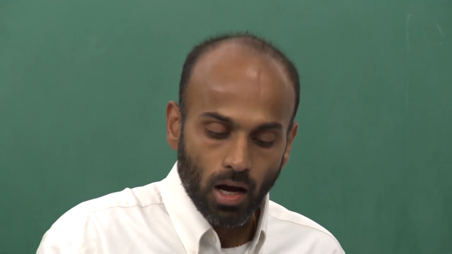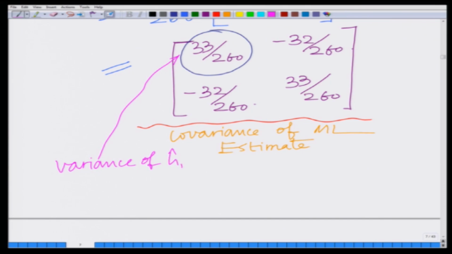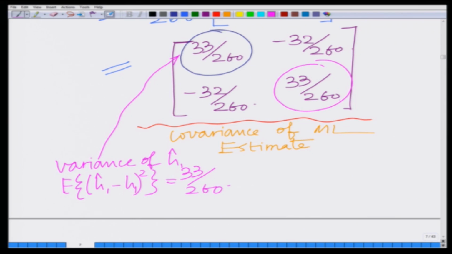Okay. And now we also said from this covariance I can extract the variances of the elements. Recall, this is the variance of H1 hat, that is the expected value of (H1 hat minus H1) whole square, equals 33 by 260. The i comma ith diagonal element is the variance of the ith channel coefficient.